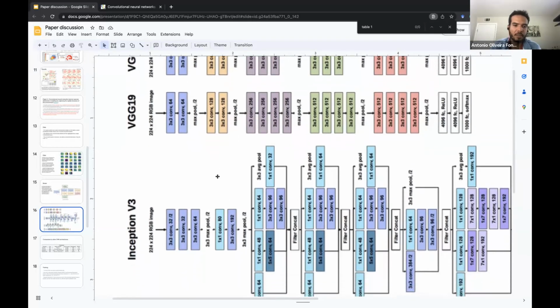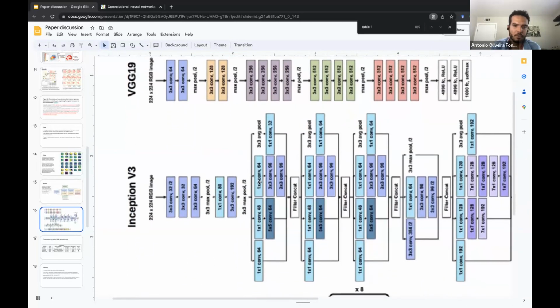Look, the Inception V3 is much bigger, with parallel streams, right? The beginning here, for the Inception V3 specifically, is a 224 by 224 RGB image, followed by a couple of convolutional layers, max pooling, 1D convolution, and then you have these parallel streams of information that we mentioned, right?